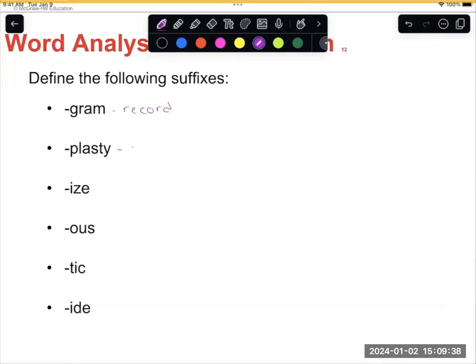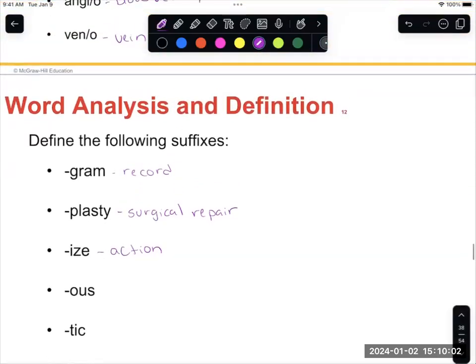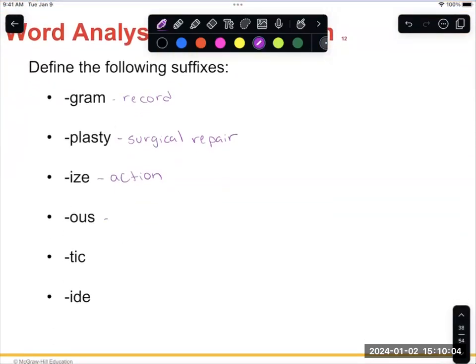Plasty is surgical repair, like angioplasty, repairing that blood vessel. Ize is action, like catheterize.